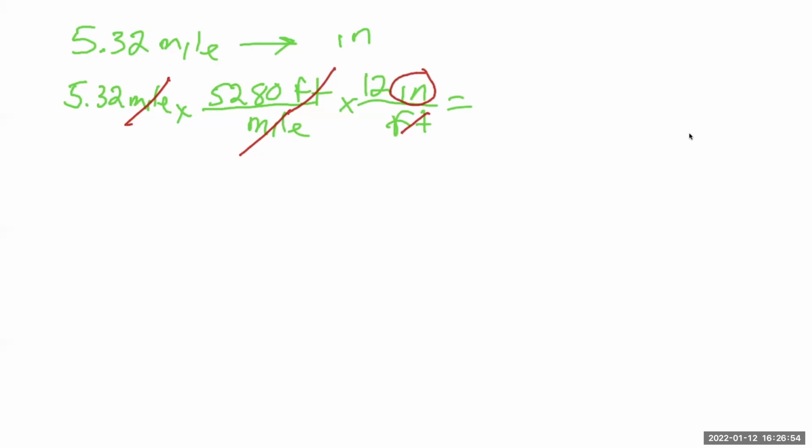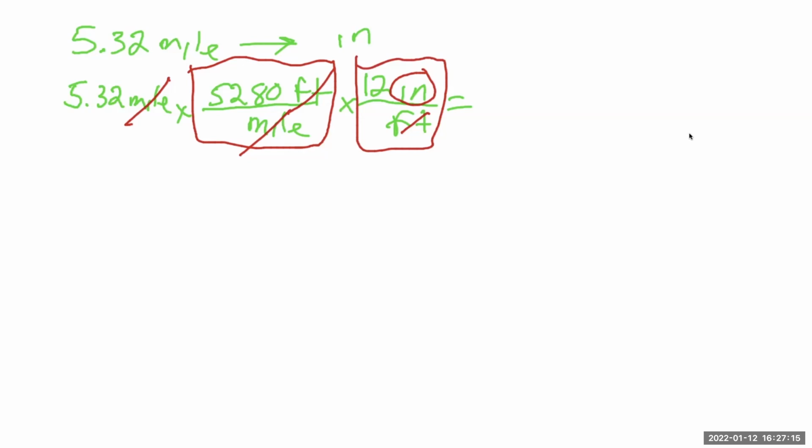Okay, and I want to make sure every one of these units I have equals 1. There's 5,280 feet in a mile. There's 12 inches in 1 foot. Okay, and then if it's on the top, you multiply, on the bottom, you divide.